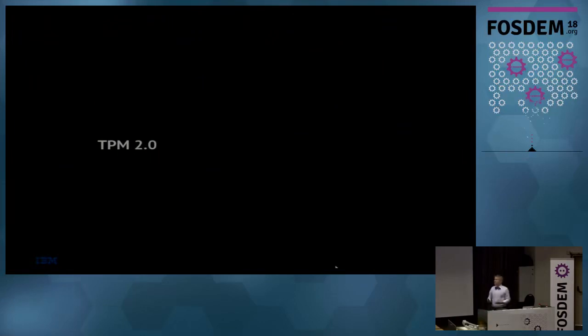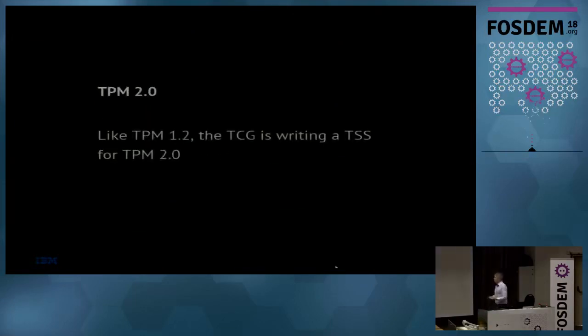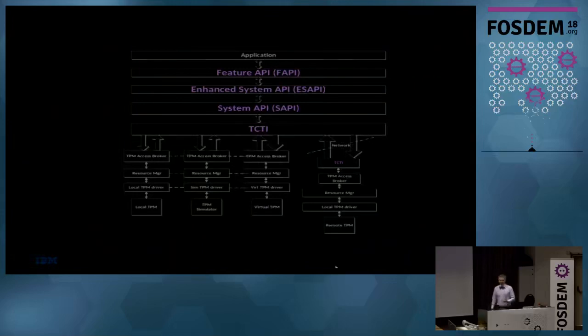So if I tell you about TPM 2.0, like 1.2, as I said, the Trusted Computing Group is writing a trusted security stack for it, and it looks like this. So it's got their usual levels of complexity. In fact, it's got a few more levels of complexity. New things have appeared, like a resource manager for various reasons. And the API, instead of there only being one API at the top, there are now technically 4, because TICT itself is also an API.